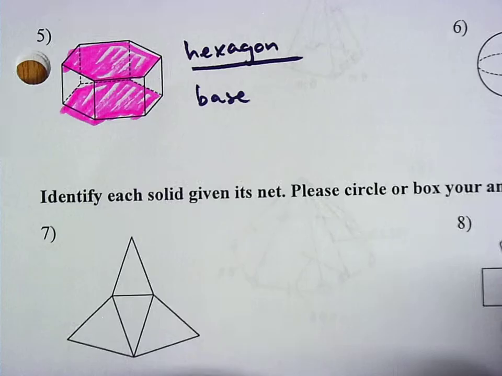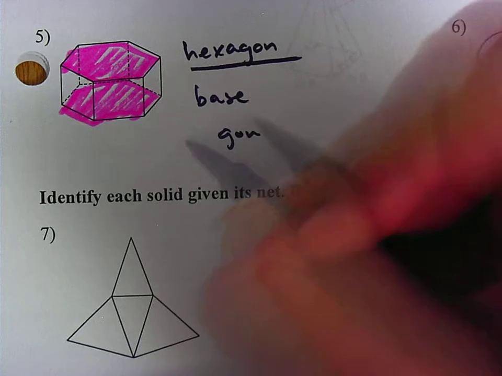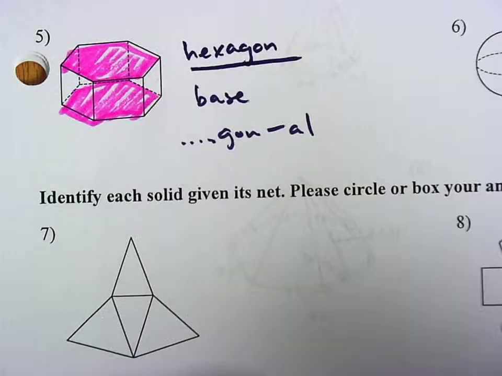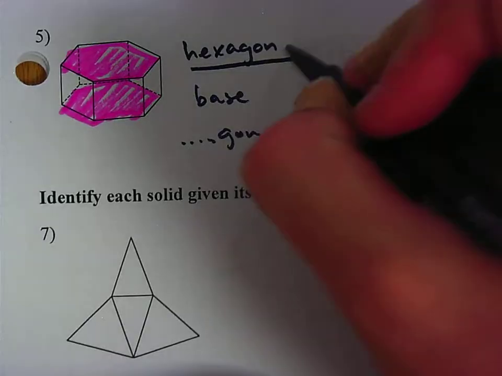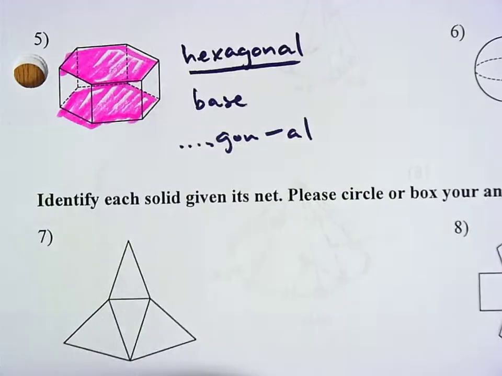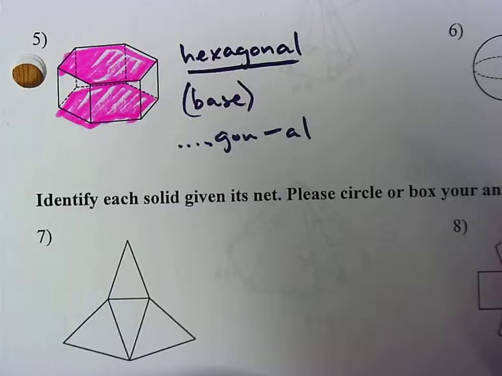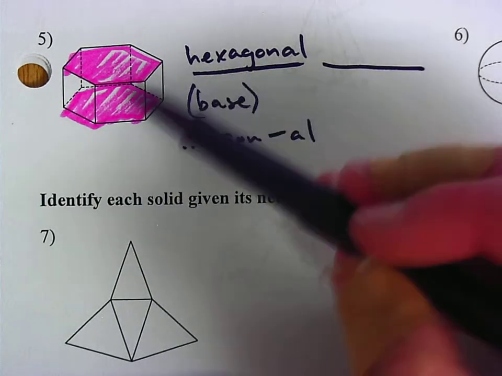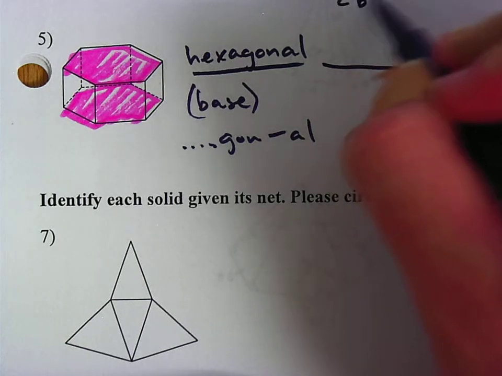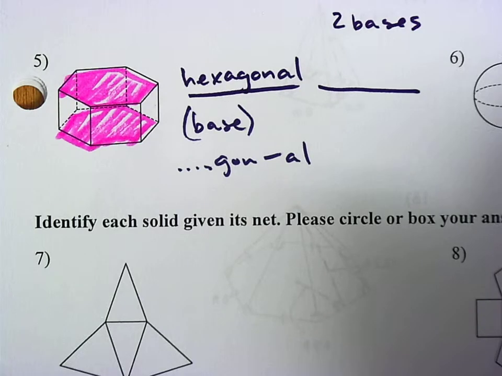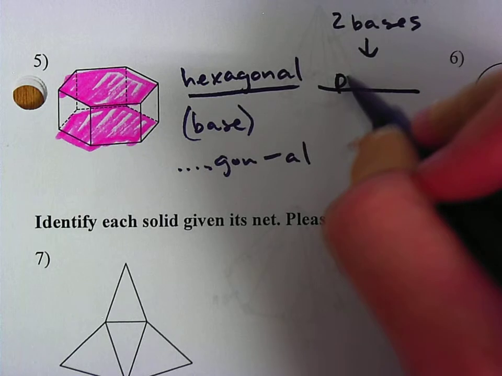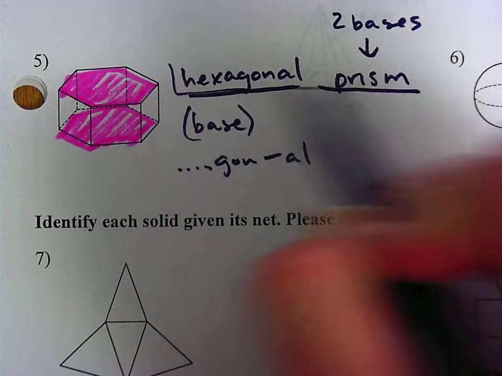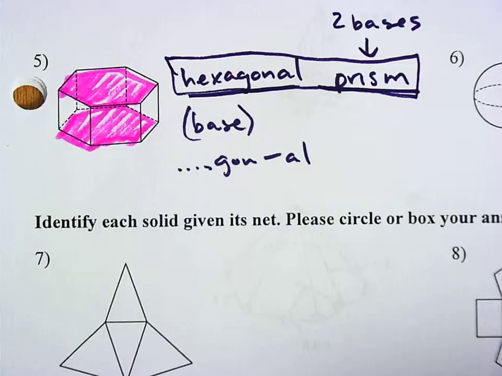Whenever we have something that ends in gon, like a hexagon or an octagon, we tag on AL at the end. So this is going to be hexagonal. Then we're asking how many bases? There's 1, there's 2, so 2 bases. That means this is a prism, a hexagonal prism. And that would be our final answer, hexagonal prism.